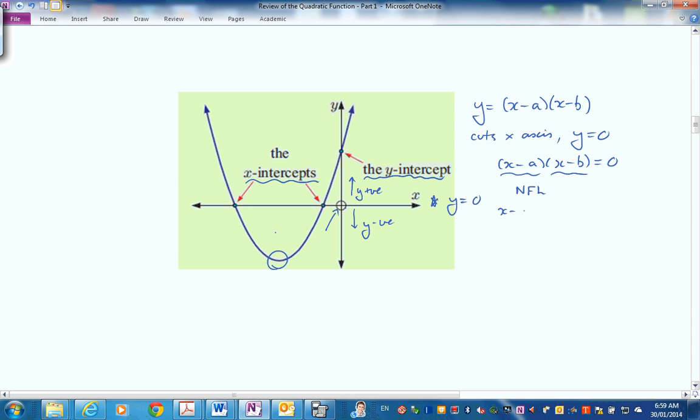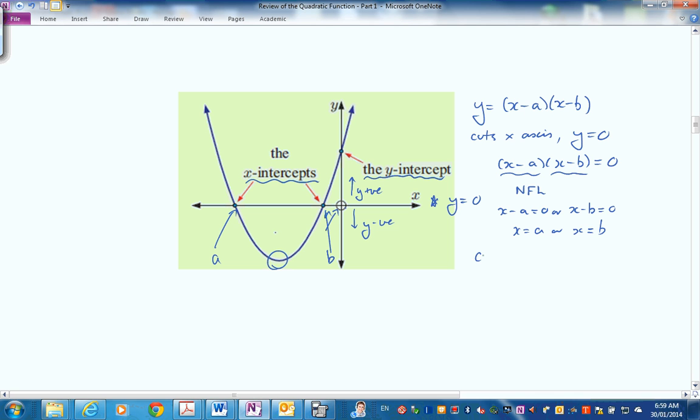So either this must be nothing, or this must be nothing. So we've got one of those two. So x is a, or x is b. So over here, we would say one has got the value a, and the other's got the value b, if you like. Okay, do you remember that? Trying to find where the function cuts the x-axis.